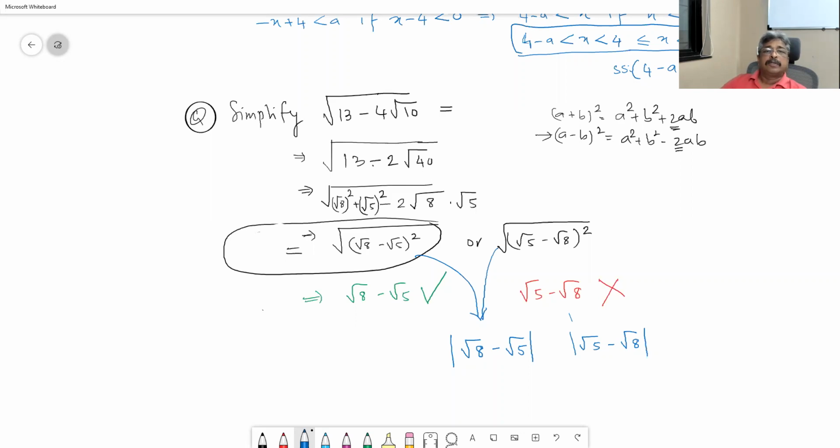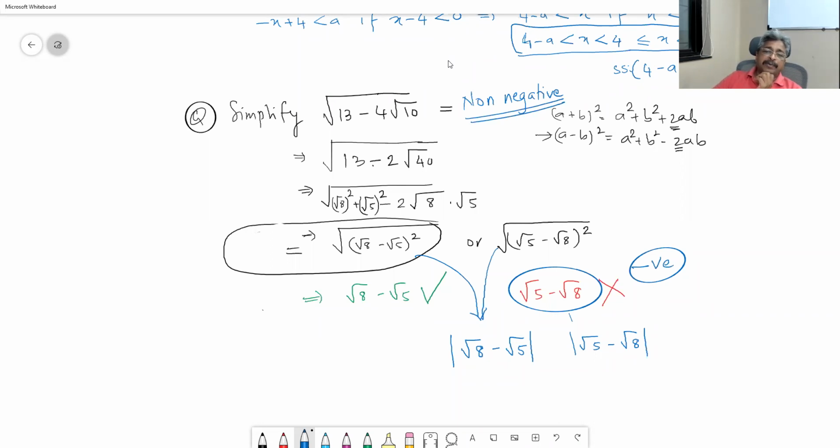Now this quantity is going to be negative, and the answer for this is going to be non-negative, because this is a non-negative number and its square root has to be non-negative.